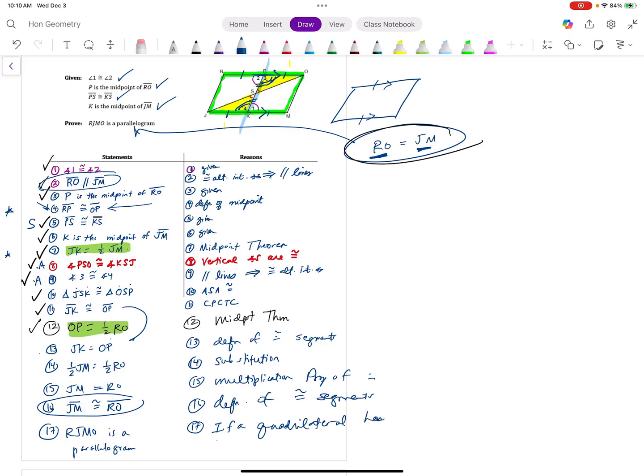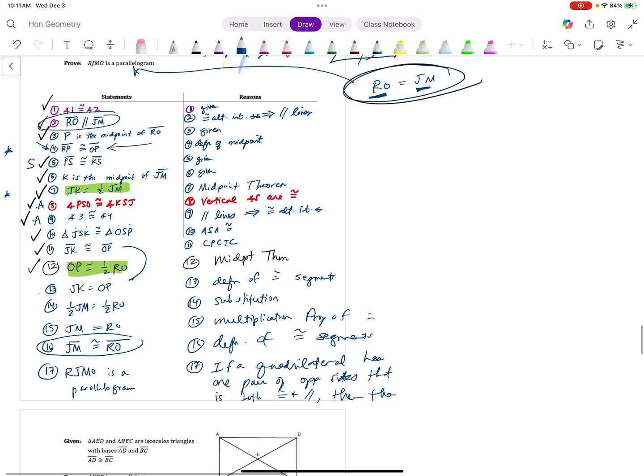If a quadrilateral has one pair of opposite sides that are both congruent and parallel, then the quadrilateral is a parallelogram.